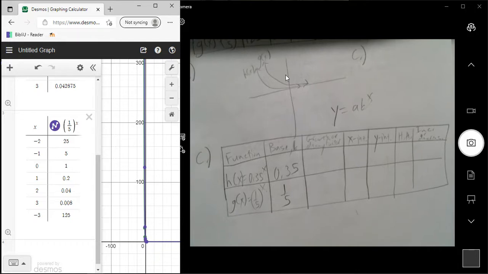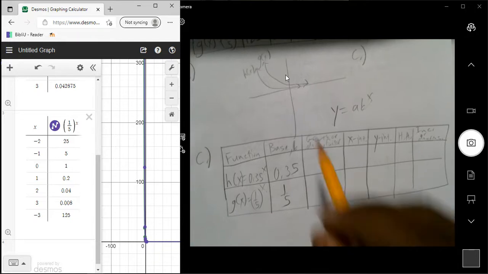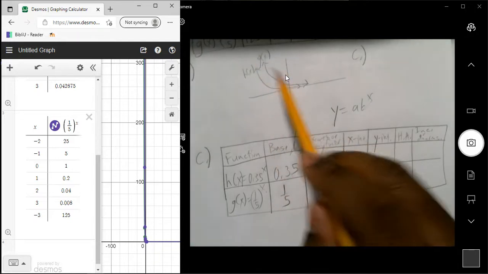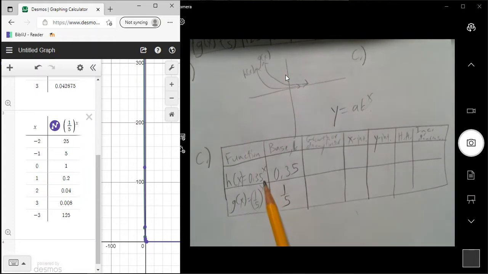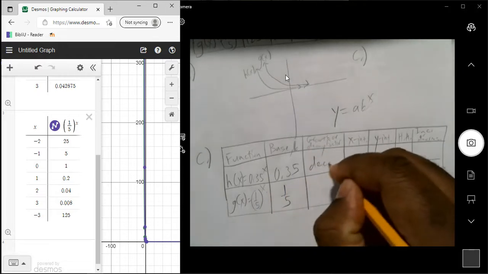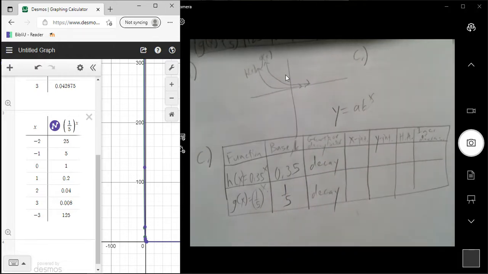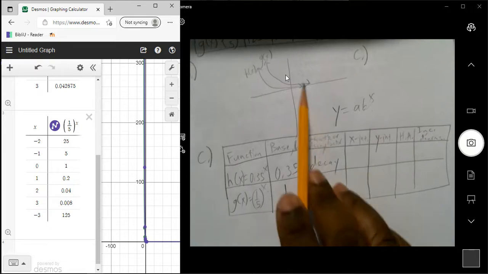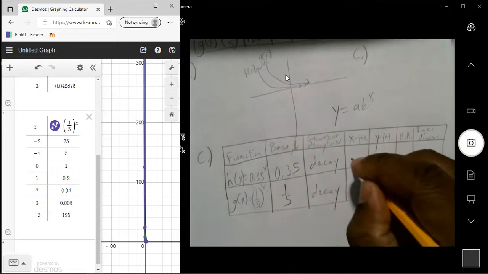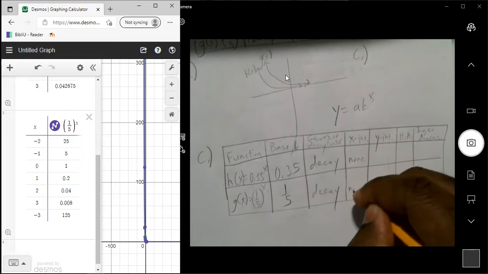Now it says growth or decay. When we look at this graph here, we notice it's going down. And also, whenever the number that's being taken to the x power, or the base, is less than 1, it is decaying. And both of these are less than 1. The x-intercept, if you notice on the graph, neither one of them hits the x-axis. So your x-intercept should be none.